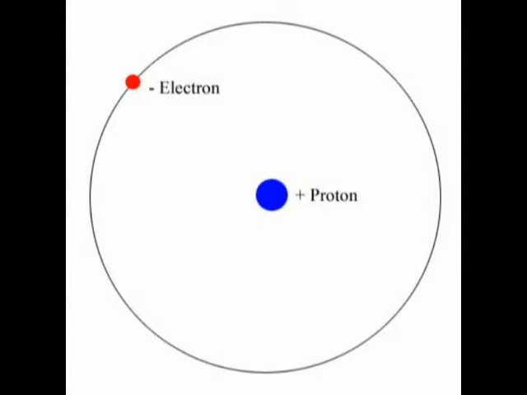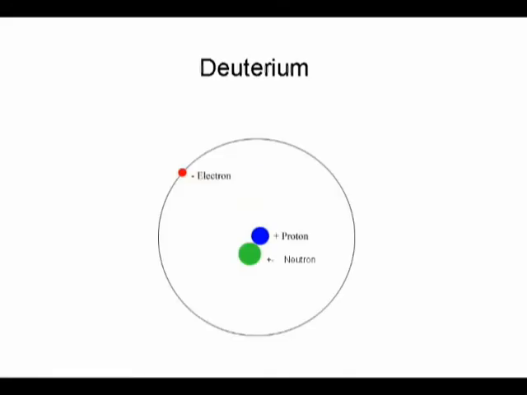This is a normal hydrogen atom. Notice how it only has one proton and one electron, but no neutrons. This is deuterium. Notice it's almost like a normal hydrogen atom, except for the fact that it has one extra neutron. This extra neutron makes it one atomic mass unit heavier than a regular hydrogen atom.